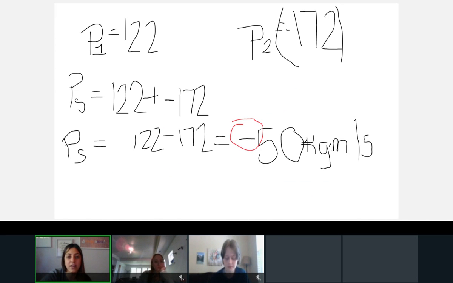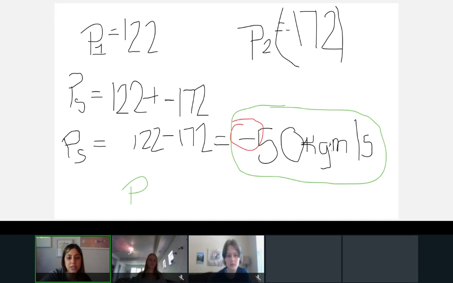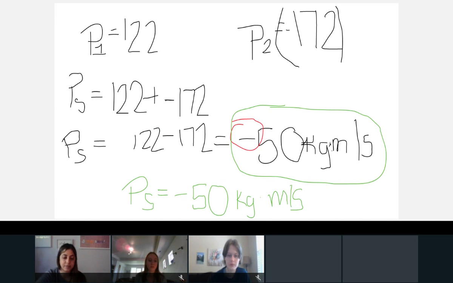So overall, the momentum of the system before and after the collision is going to be negative 50 kilograms times meters per second. That makes sense?